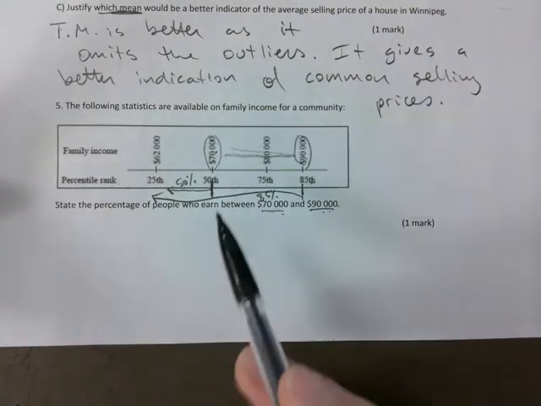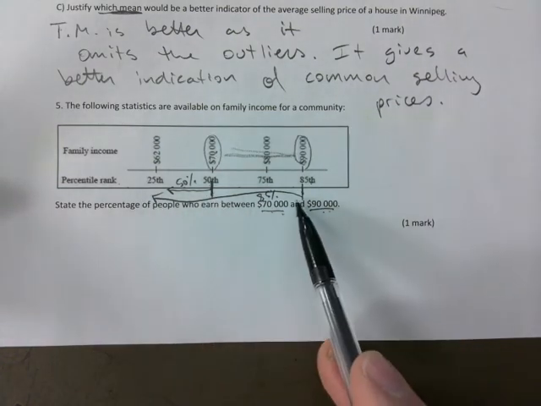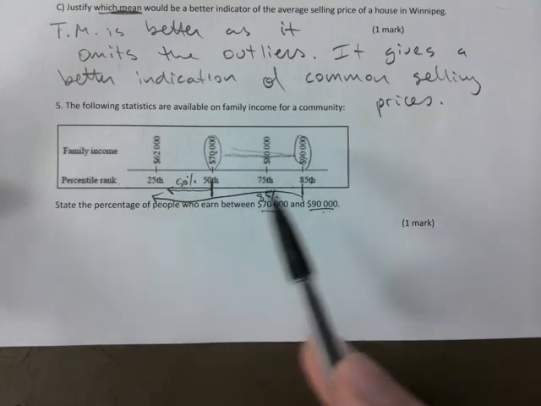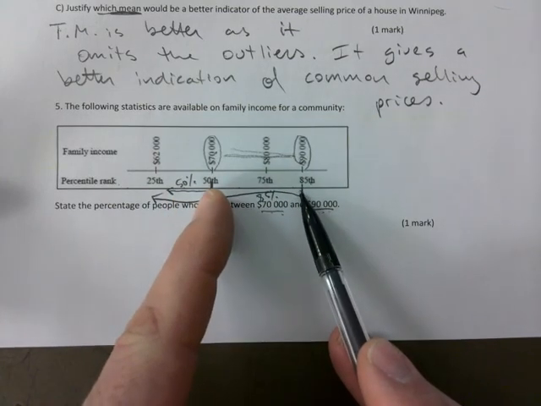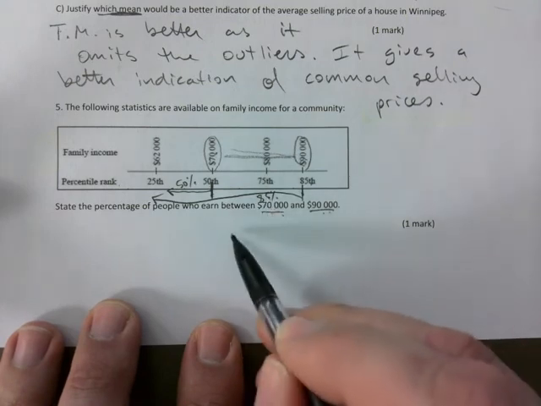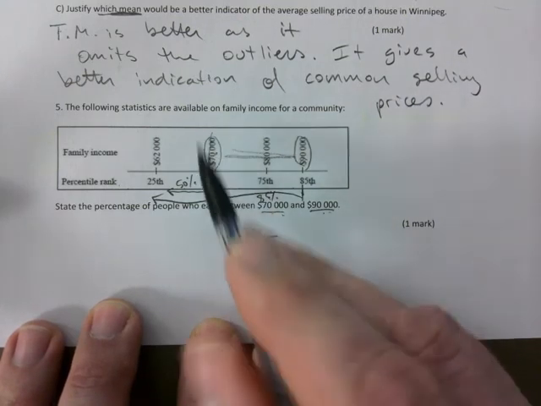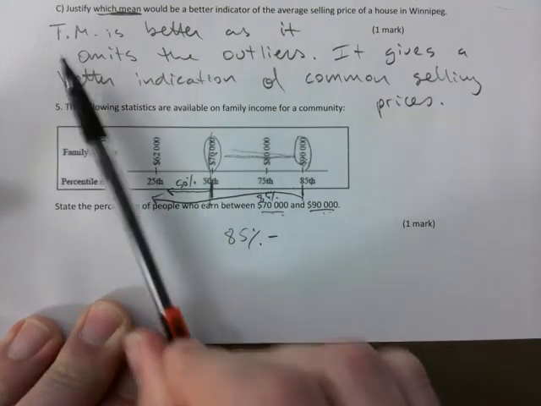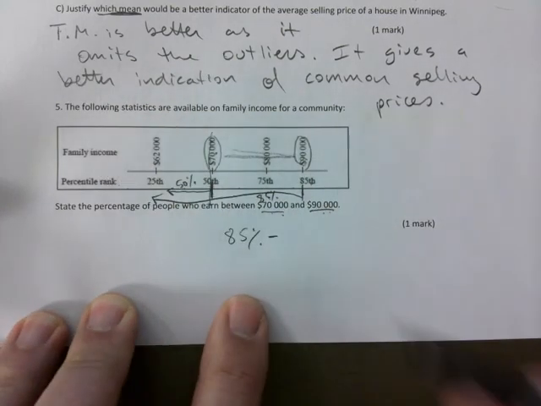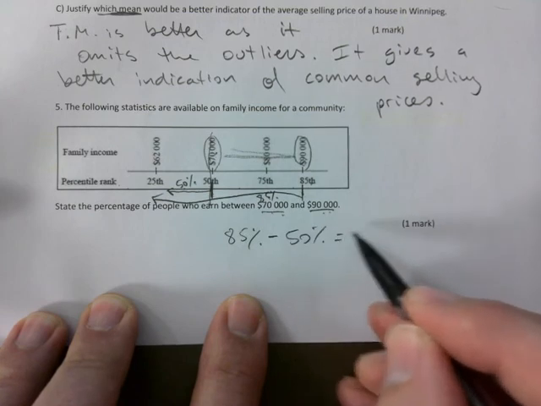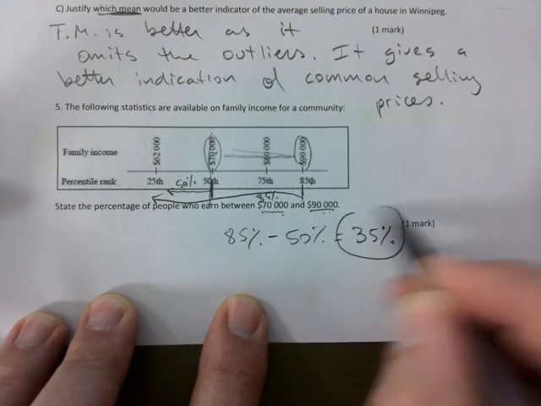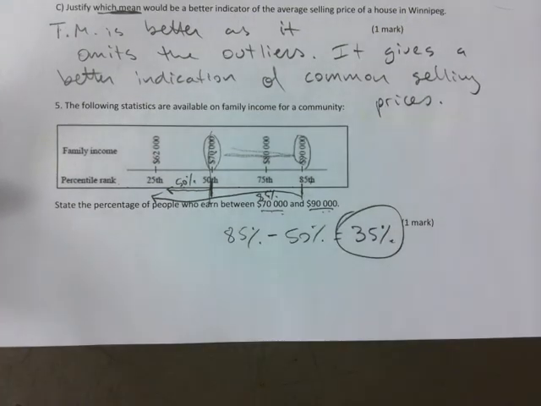So you've got 50% less and 85% less. If you want to know in between, you just take the 85% and subtract the 50. You want to take this chunk off, so you're left with what's in between. So the answer is 35%. 35% of families would be in between that income range.